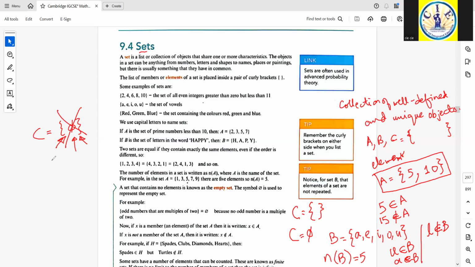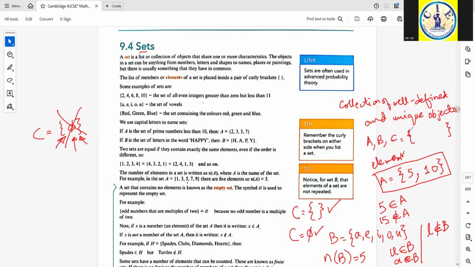So C is not an empty set in this case. So this is not the way to write down an empty set. The right way is either to just draw these empty brackets or to use phi. Okay.